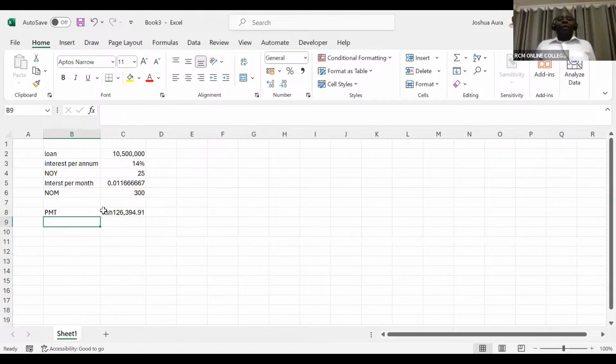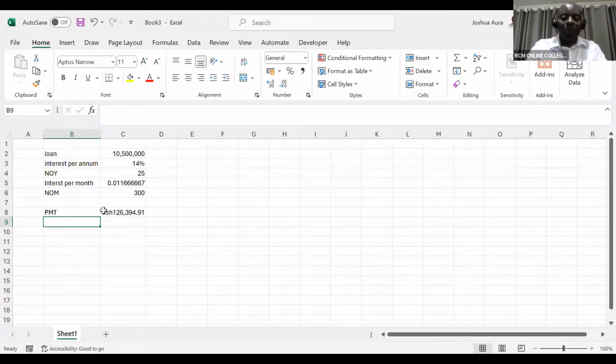So every month, I was supposed to pay 126,394, and this thing is very accurate. This is the amount I used to pay, very accurate, 100%. I love Excel. And I'm going to pay this for how many months? 300 months. This is per month times 300.